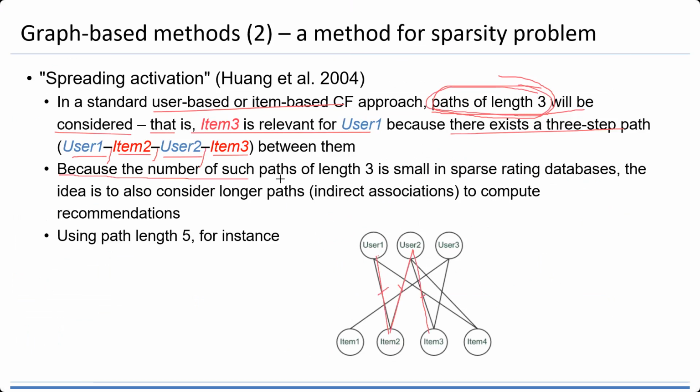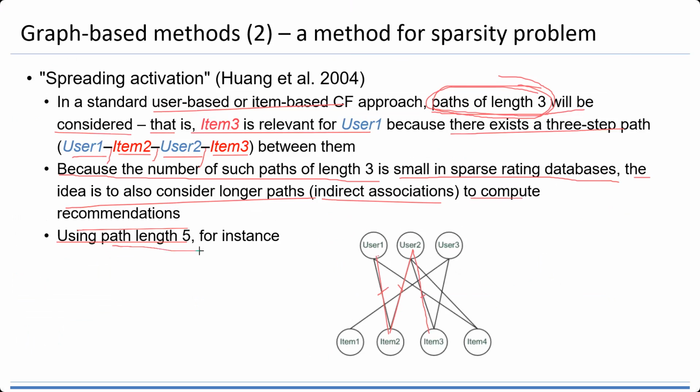Because the number of such paths of length 3 is small in a sparse rating database, the idea is to also consider longer paths. A longer path means there might be some indirect association to compute the recommendation. For example, we can use length 5. If we use length 3, then user 1 can be recommended item 3.